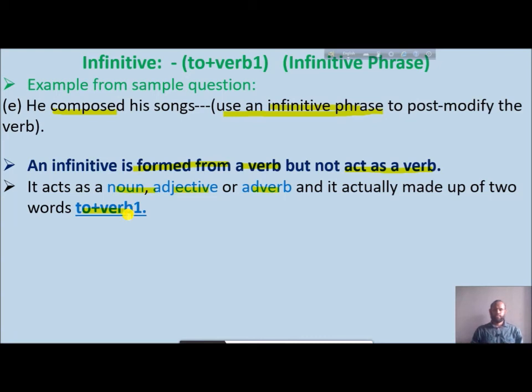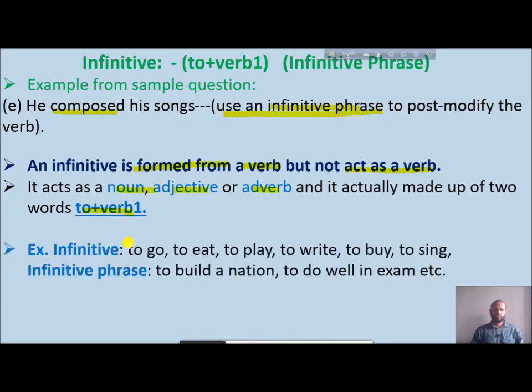Let's see some examples of infinitive. To go, to eat, to play, to write, to buy, to sing. All are examples of infinitive. And now come to infinitive phrase. An infinitive phrase starts with an infinitive.